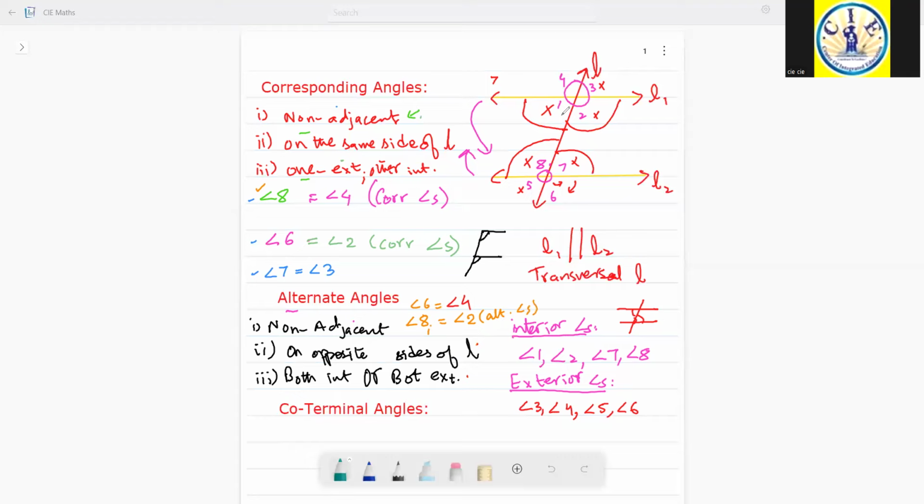Similarly, you can say that these angles add up to give you 180 degrees, and these are lying on the interior side of the parallel lines. So that's why these are coterminal angles. These are also known as co-interior angles.